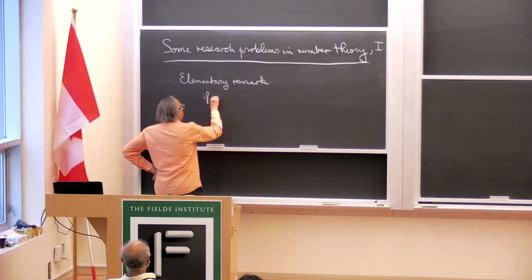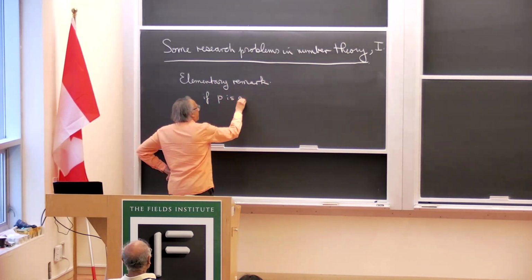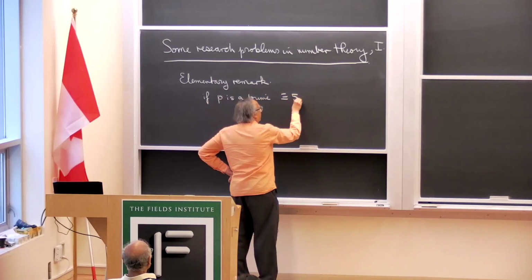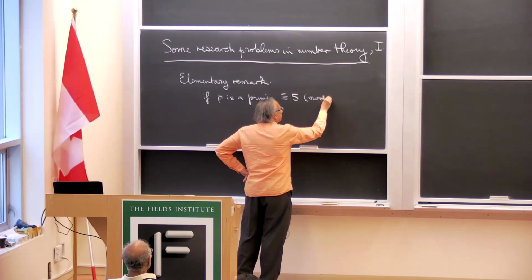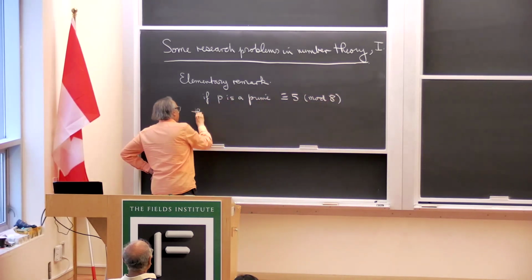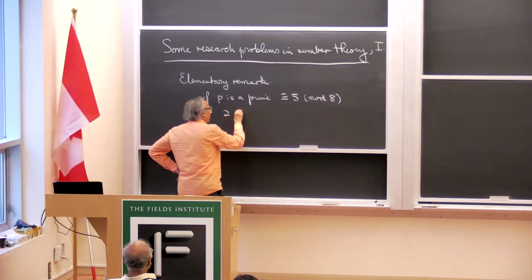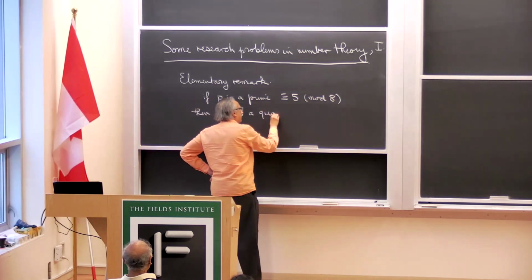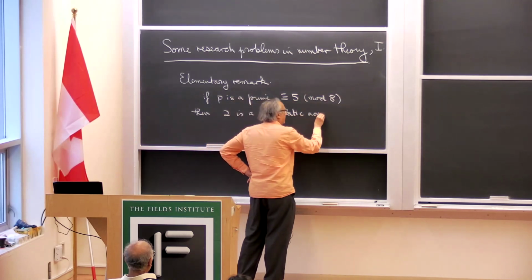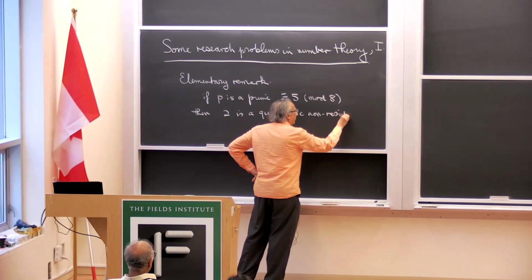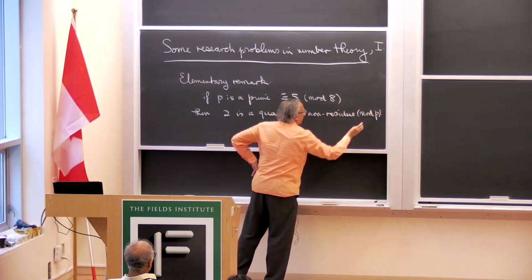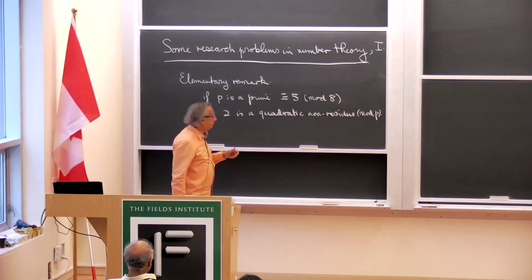If p is a prime congruent to 5 mod 8, then 2 is a quadratic non-residue mod p. Everybody knows that. Good. So 2 is not a square mod p.